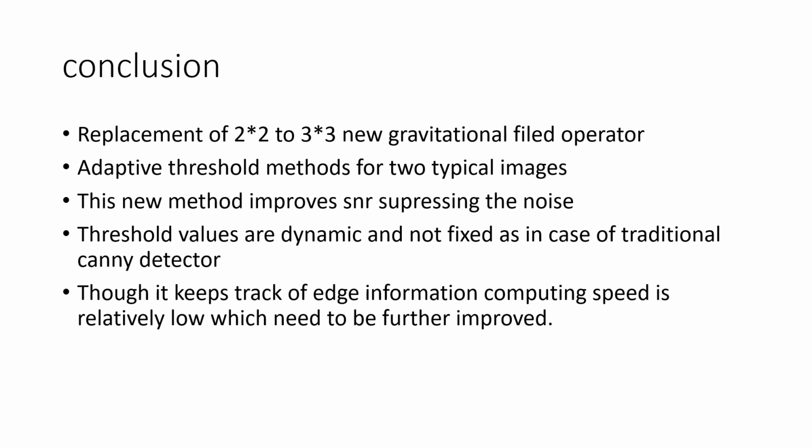The improved algorithm not only keeps the advantages of the traditional Canny algorithm, but also enhances the ability of noise suppression and keeps more edge information. That is, it eliminates noise, resulting in a higher SNR.